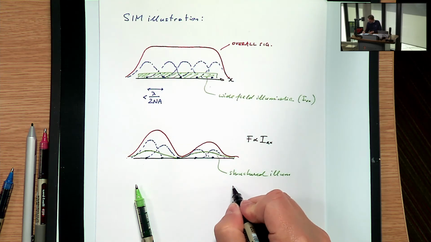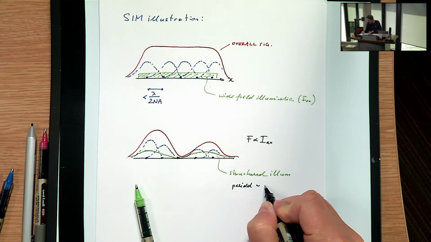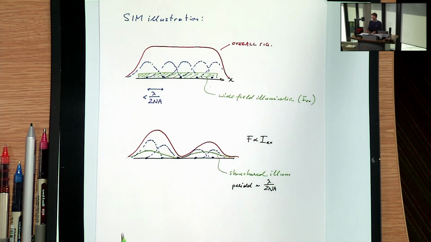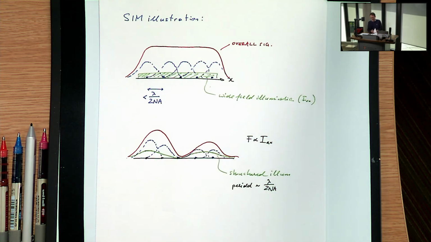So you want the period of this illumination to be close to lambda over 2NA. That's what you aim for. So you want to put the highest spatial frequency onto the sample, and that gives you the highest spatial frequency in these beat patterns. And so you can already see that this contains extra information.